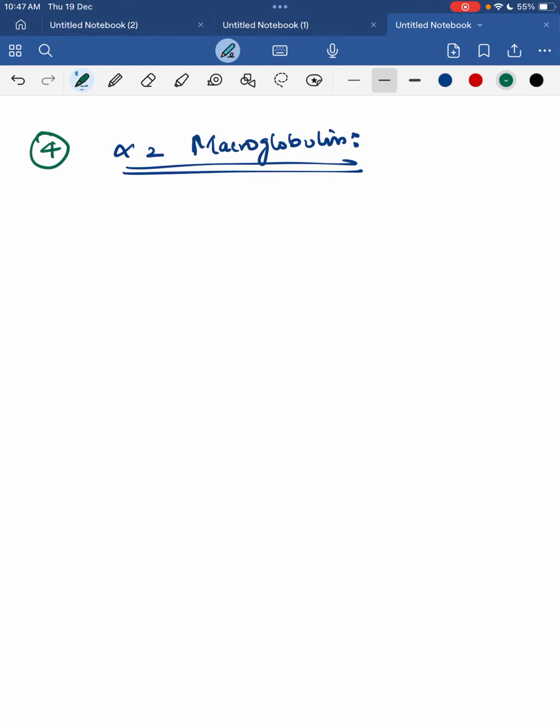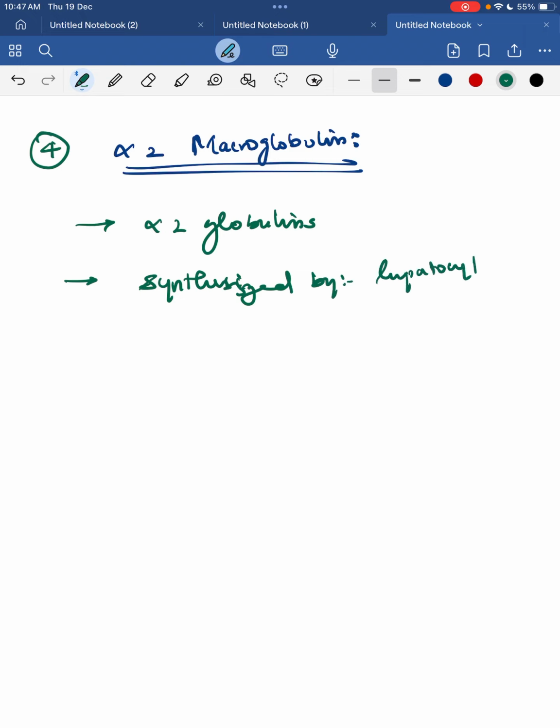Most of your acute phase proteins are synthesized in the liver only. It acts as an in vivo anticoagulant.